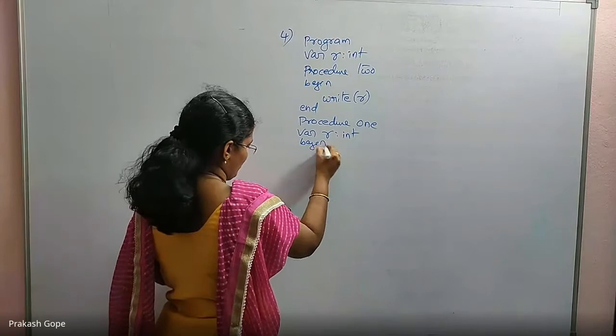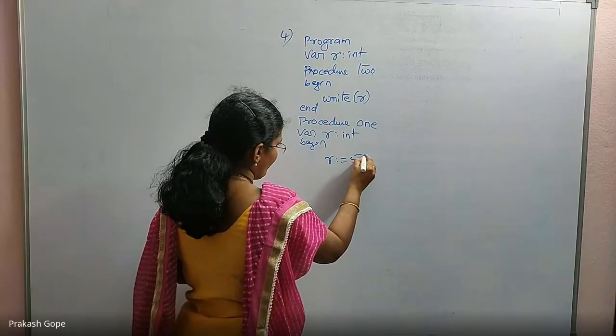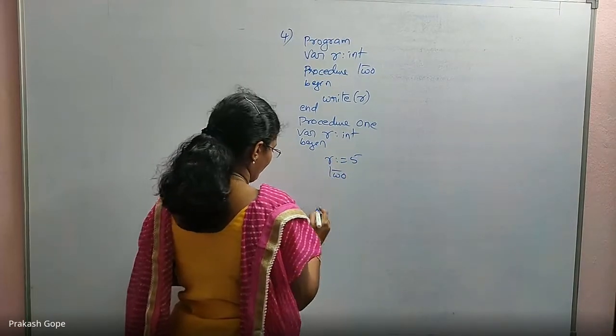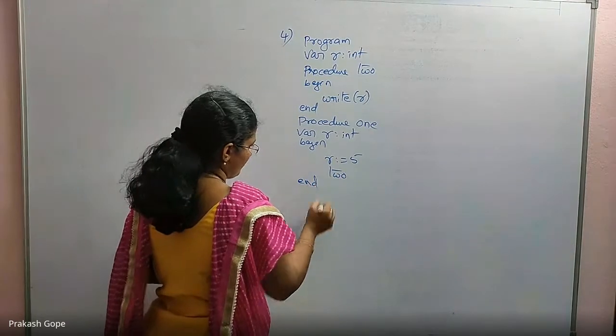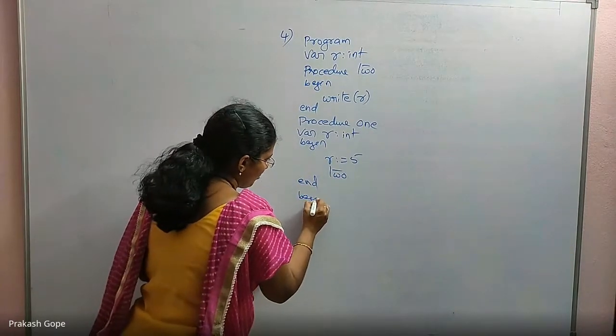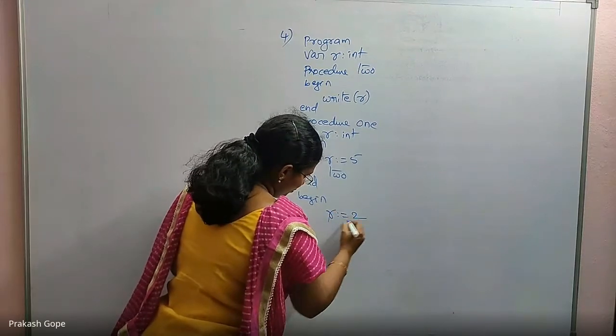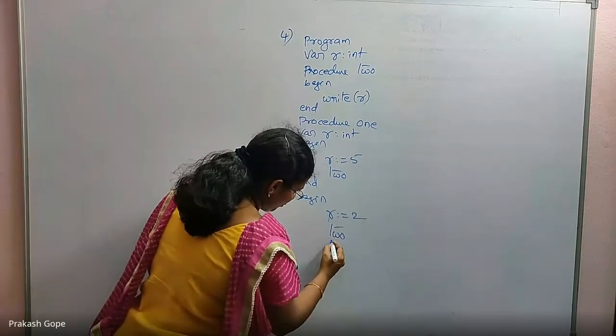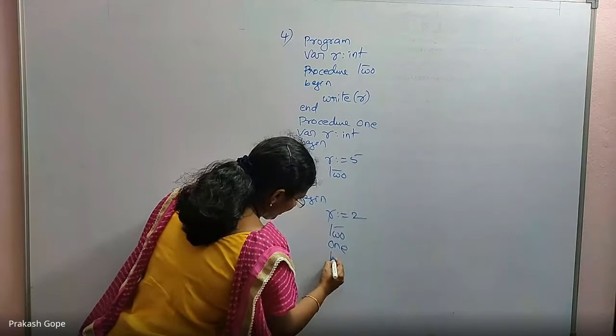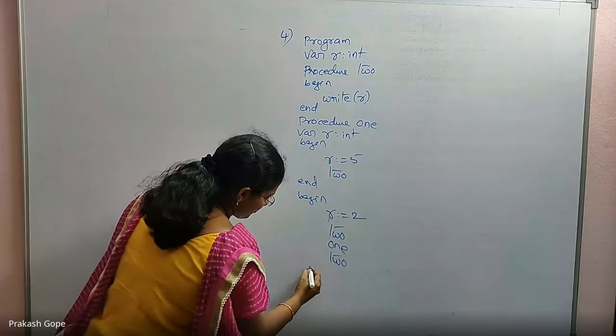Begin, R equal to 5, call procedure 2. End. Then the main program begins: R equal to 2. Call procedure 2. Call procedure 1. Again call procedure 2. That's all.